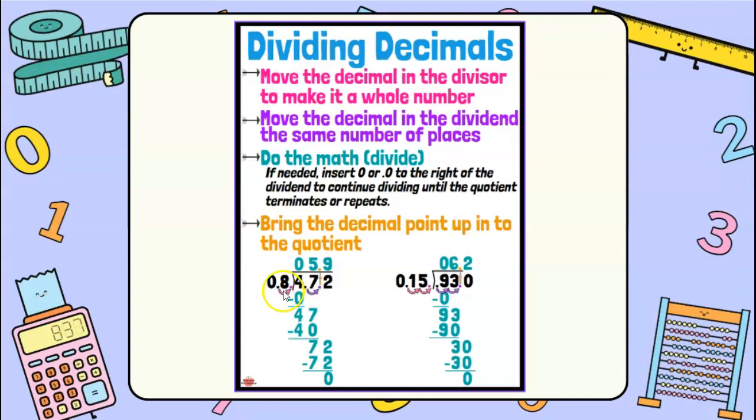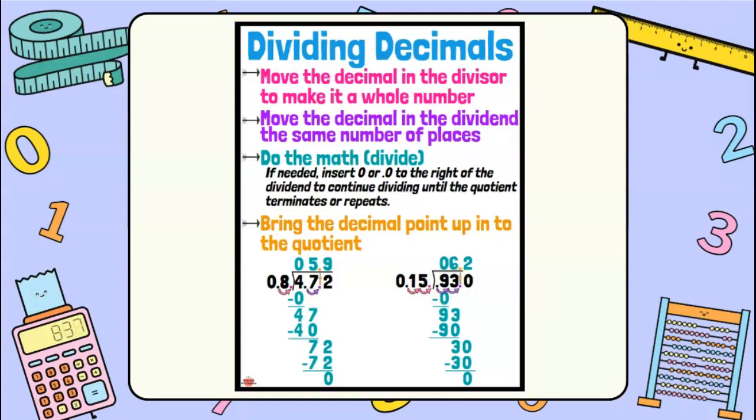However, because I'm moving the decimal in my divisor, whatever I do to the outside, I also have to do to the inside. So if I move my decimal once in my divisor, I also have to move it once in my dividend. If I move it twice in my divisor, I also have to move it twice in my dividend.